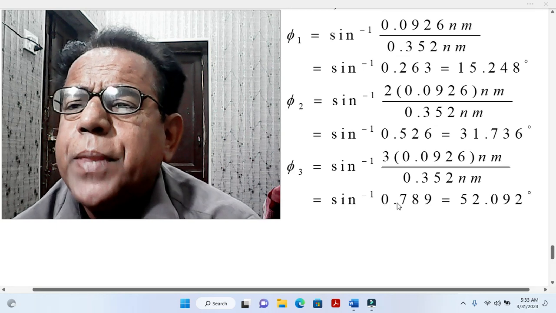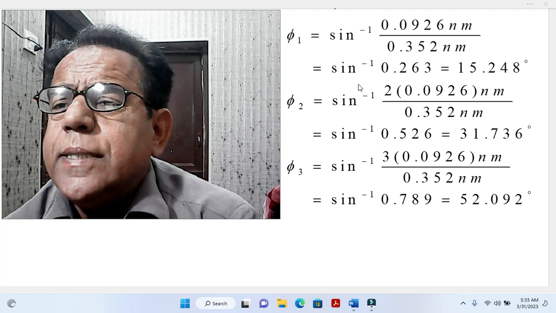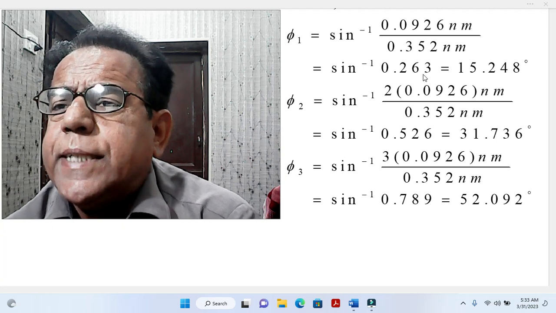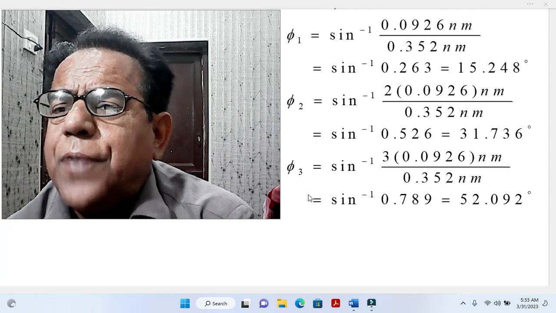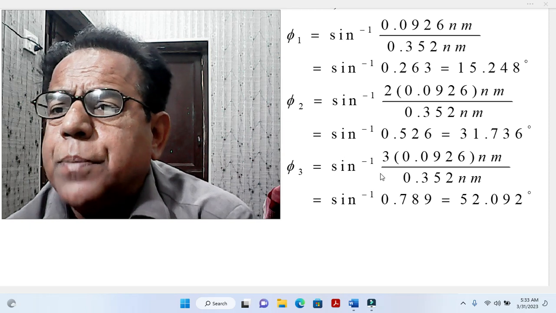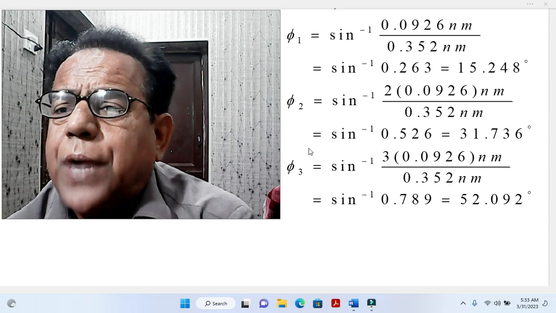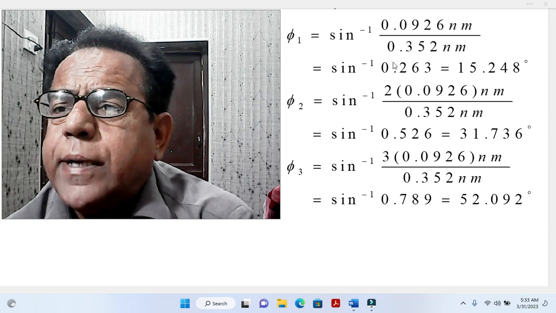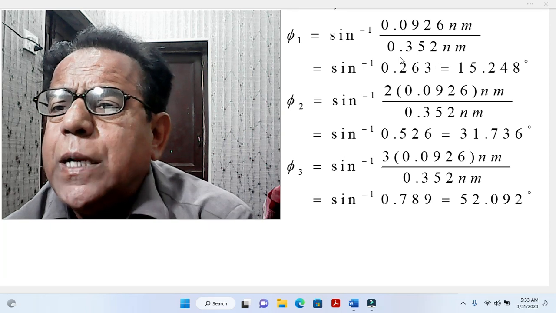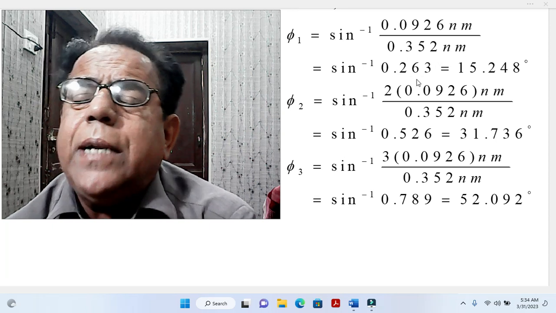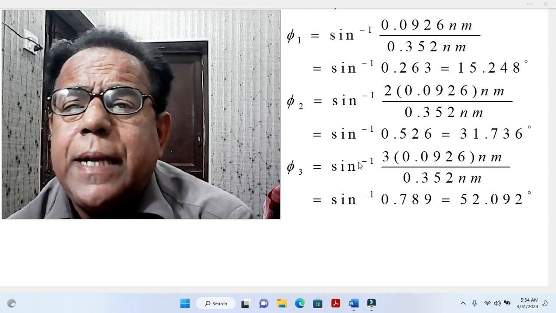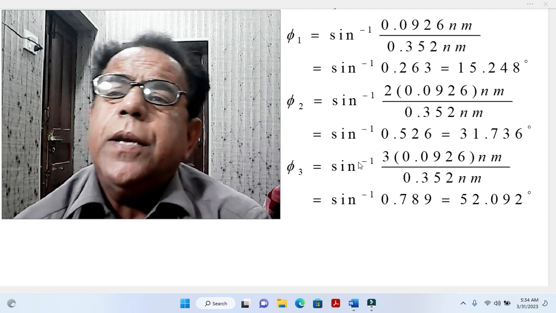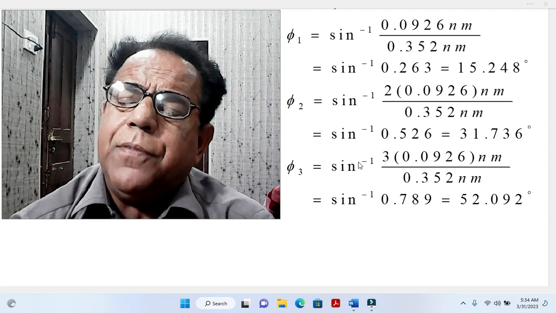Dear students, sine inverse 0.263: in phi 2 it becomes double, in phi 3 it becomes triple, but in phi 4, when it becomes 4 times, it becomes 1.052, and the value of sine varies between -1 and 1, so it goes out of our range.